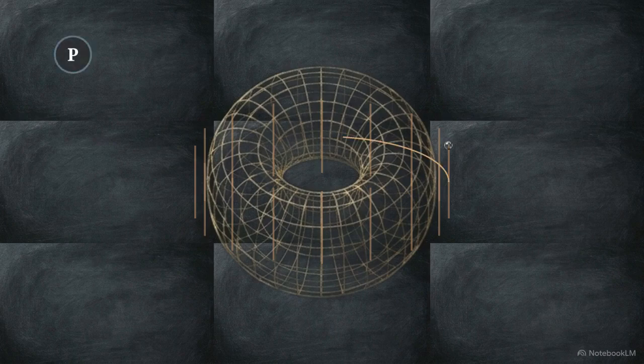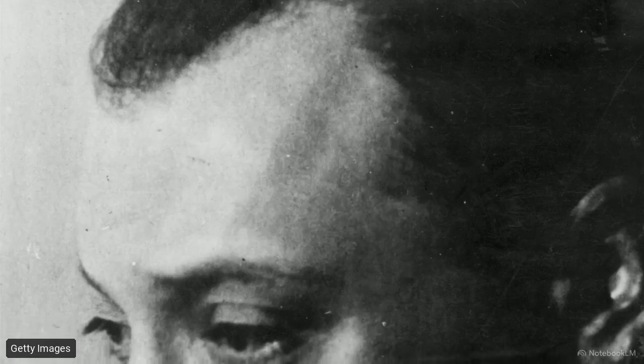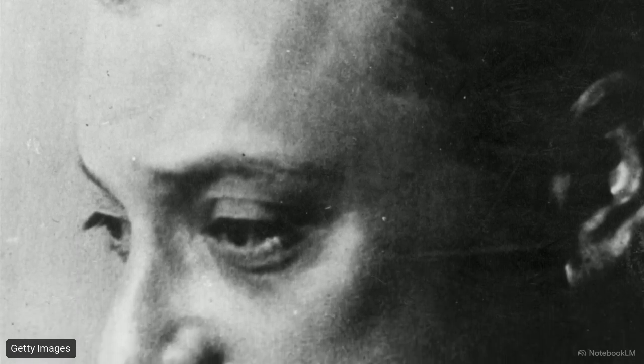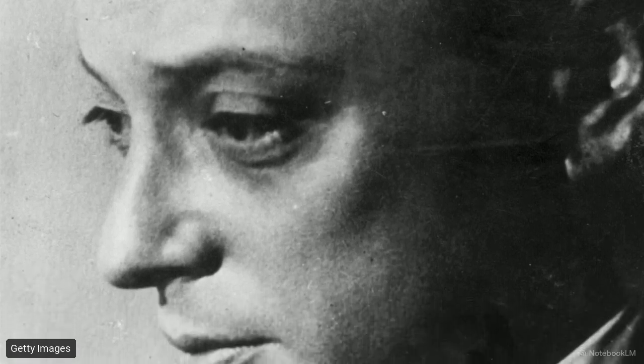Charge, parity, and time symmetry, CPT symmetry, translates into literal geometric actions, reversing the directional path on the torus and flipping the orientation of the fiber. The combined mathematics of those 3 movements guarantee that the system will return precisely to its original geometric state. The same geometric logic applies to the exclusion principle defined by Wolfgang Pauli, which states that 2 fermions cannot occupy the exact same quantum state.